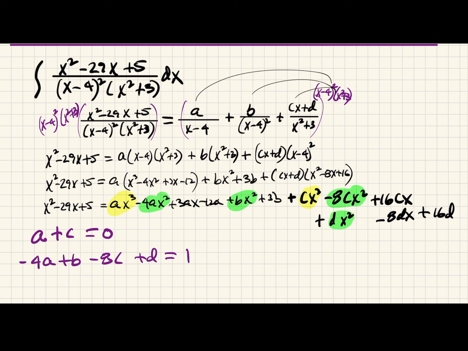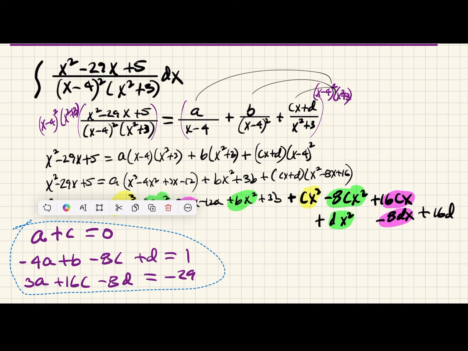All right. Now let's see. I've got some x terms. I've got 3ax. I've got 16cx, and I have minus 8dx. So I have 3a plus 16c minus 8d, and what's that equal to? Negative 29, yeah.